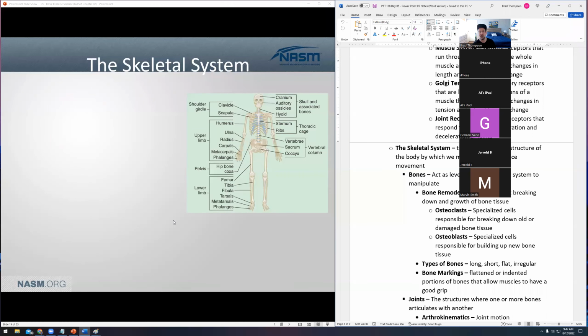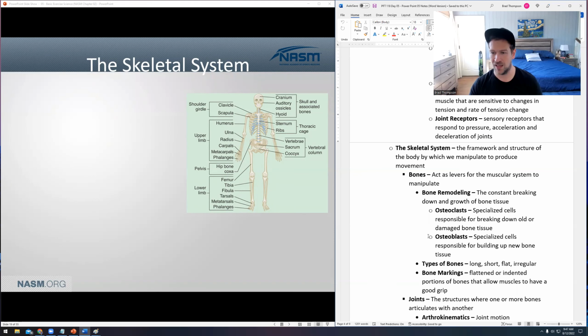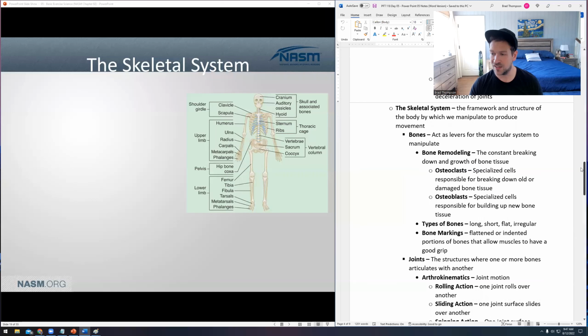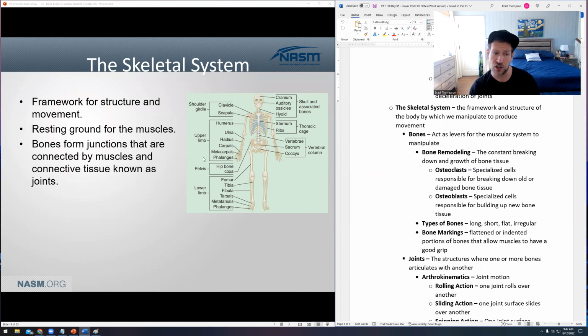So next thing we're looking at is the skeletal system. You guys will remember this from the other day. So the skeletal system is the framework of the body. This is giving us a structure. It's providing a resting ground for our muscles to live, but then it's also giving our muscles something to manipulate.